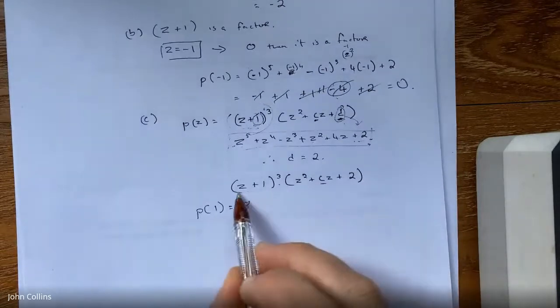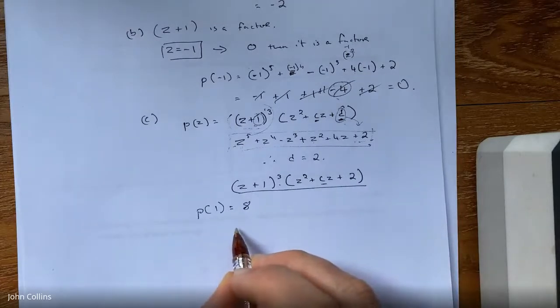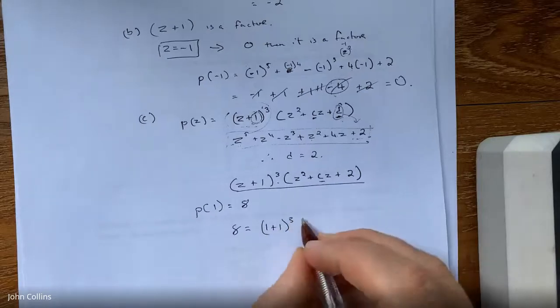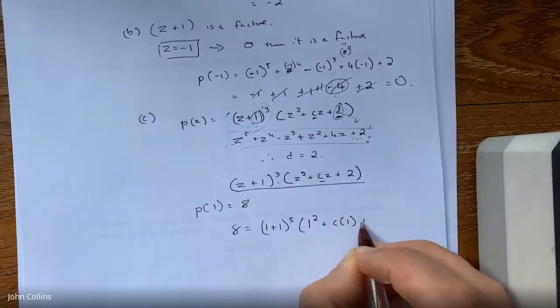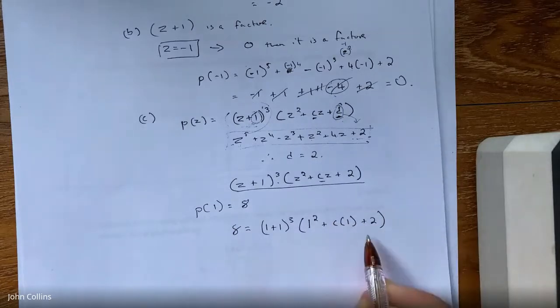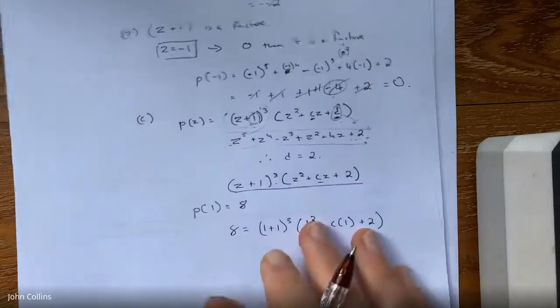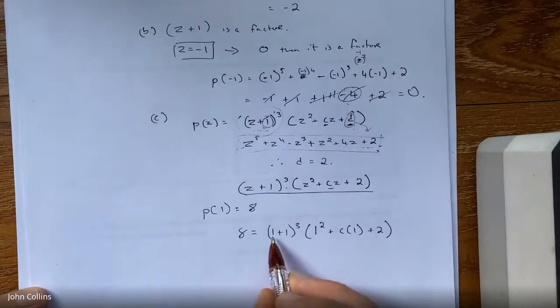Which means if I sub 1 into this, I also would get 8. So I get 8 equal to 1 plus 1 cubed times 1 squared plus c times 1 plus 2. And if I solve this out, you would get an answer that would work for c. So let's do it.